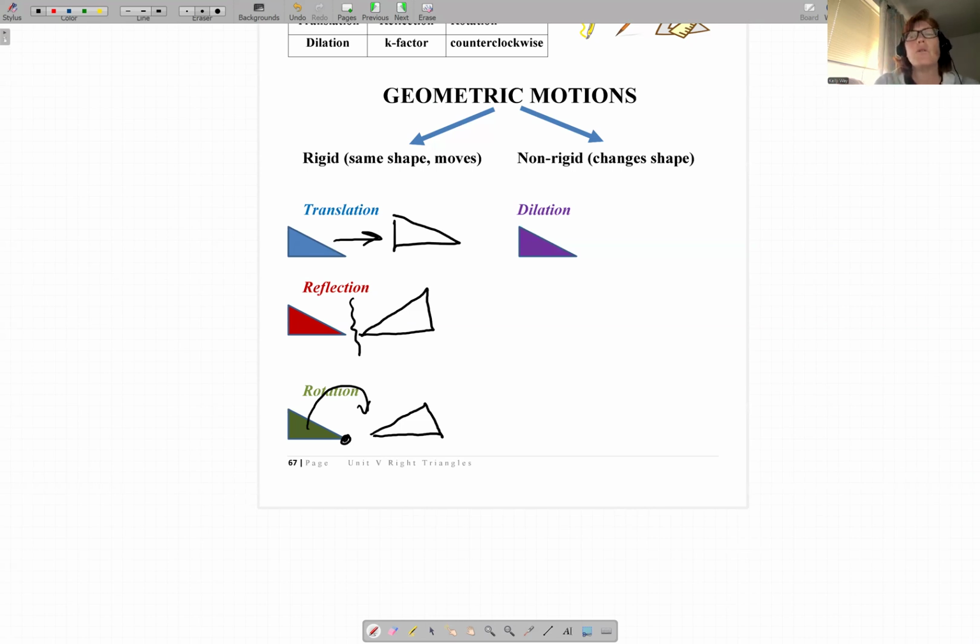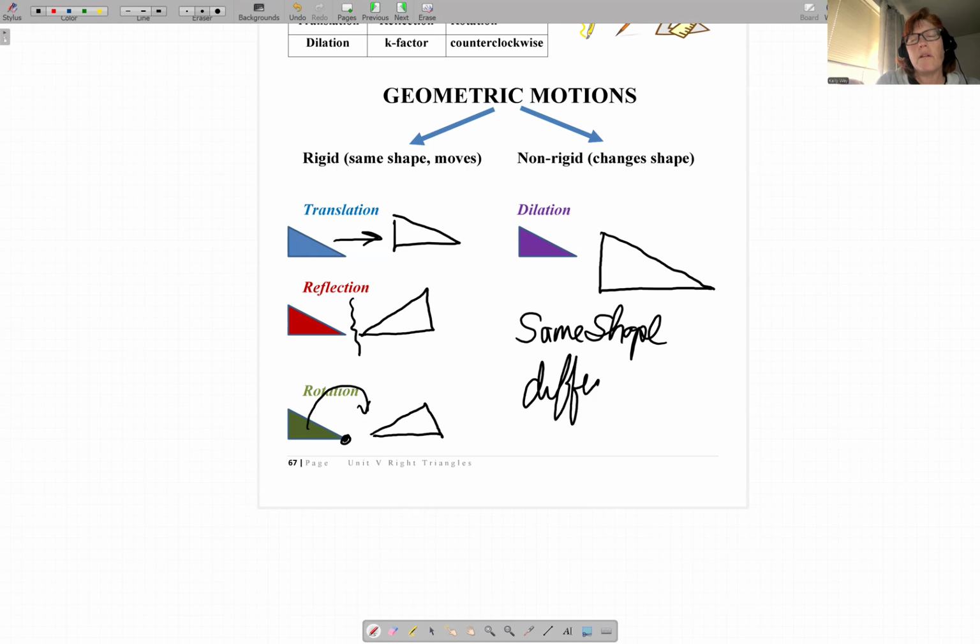Dilation is called non-rigid. It actually changes the shape. Dilation means to change in size. Same shape, different size. That should ring a bell. These shapes are going to be similar.